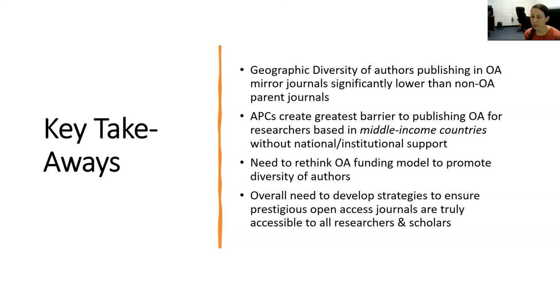We really need to rethink the OA funding model so that we can promote diversity of authors from all around the world. And overall, we need to develop strategies that ensure that the prestigious open access journals, the ones that are beneficial to authors for publishing, are truly accessible to all researchers and scholars.